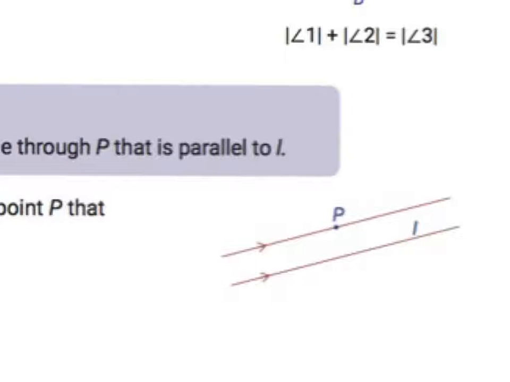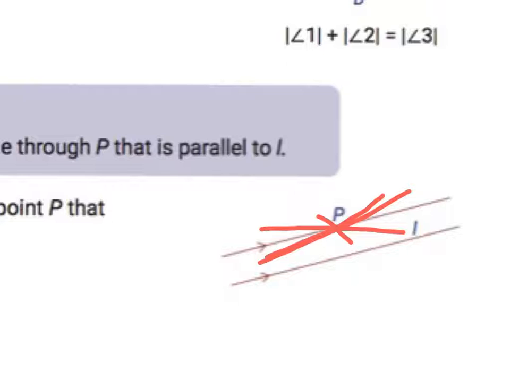Because every other line they may have drawn through P, let's see if I can try and draw some lines here. That's not parallel. That's not parallel. That's not parallel. We could have drawn so many lines through P, okay? But they're saying there's only one line through P that is parallel to L, okay? And that's what that one means.